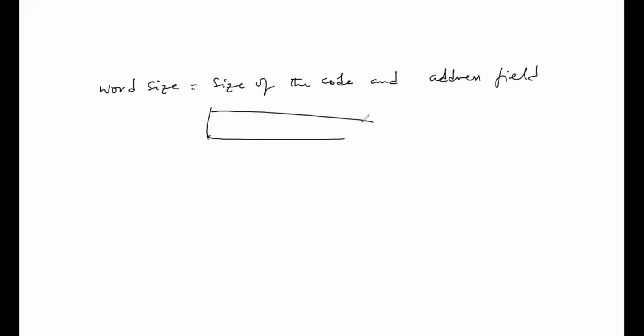Word size is the same as the size of the opcode and address field. So in other words, we have something like this. We have the opcode field here, and then we have the address field here. So this is 4 bits, and we have 16 bits here.